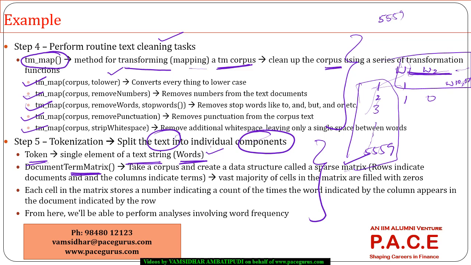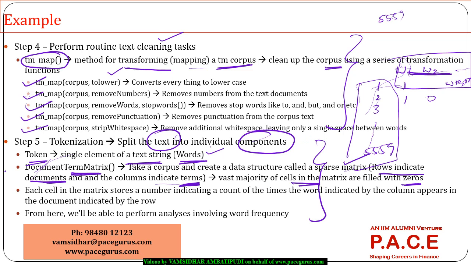So the matrix is a very big matrix, but only a few values of the matrix will be filled. The rows indicate the documents, and the columns indicate the different words that exist. Because the vast majority of the cells in the matrix are zeros, and only in very few places you will find ones, this kind of matrix is called a sparse matrix.